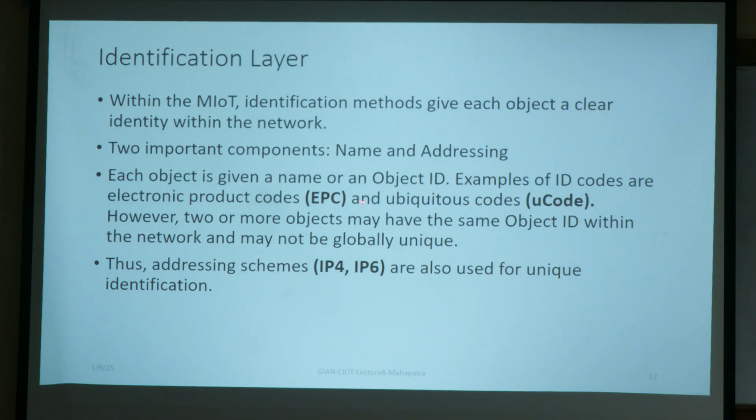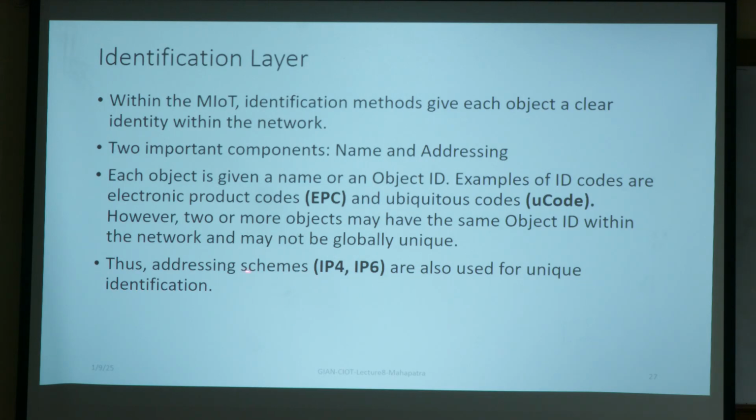But also sometimes you get a U-code, ubiquitous code. Now, if you find there is a kind of confusion or repetition, all you can do is, since each of these electronic products is part of your wireless sensor network, they are equipped with either IPv4 or IPv6.